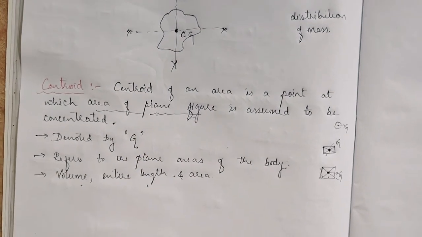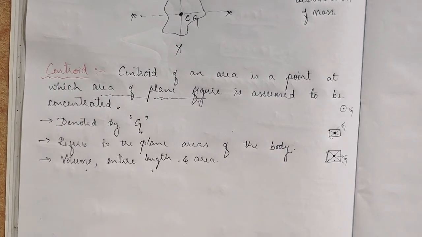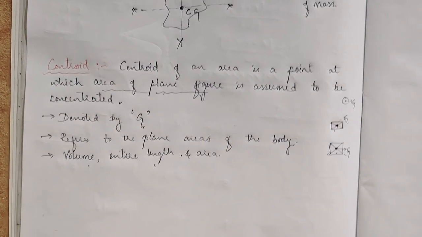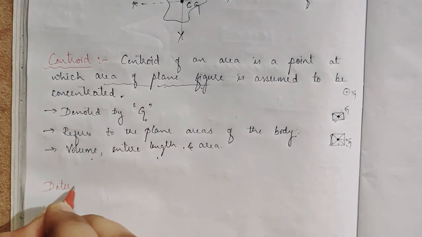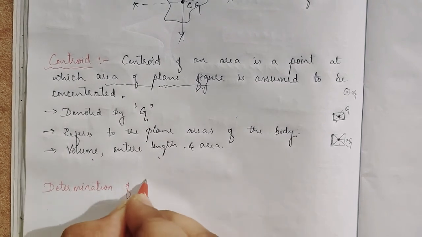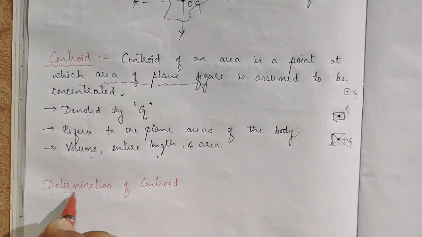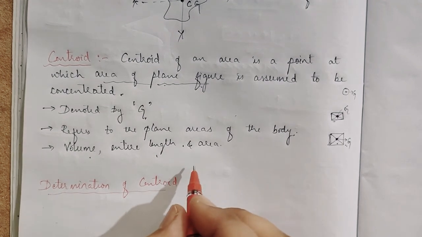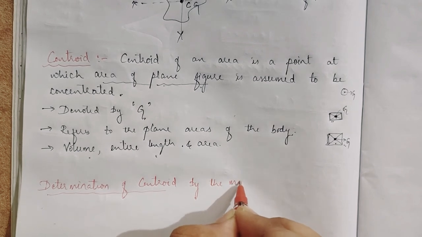Okay, now let us go to the next topic, that is, how to find the centroid of the plane figure. So, determination of centroid. Okay, here we will use a trick, that is, by the moment.